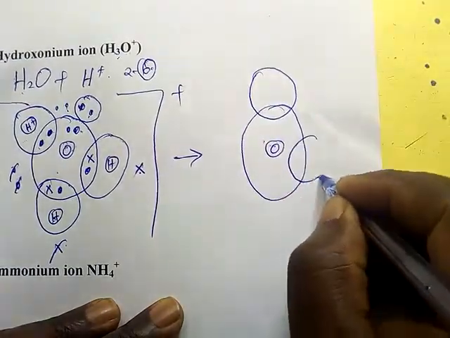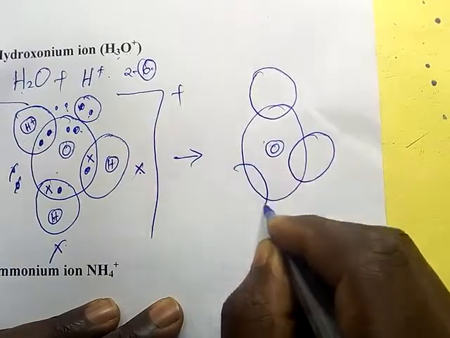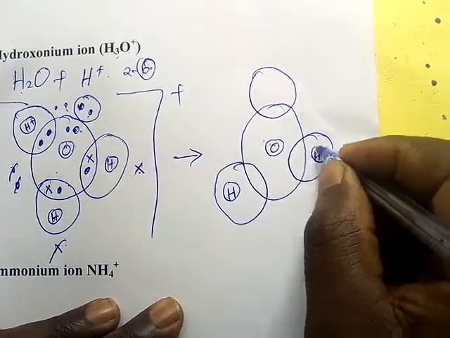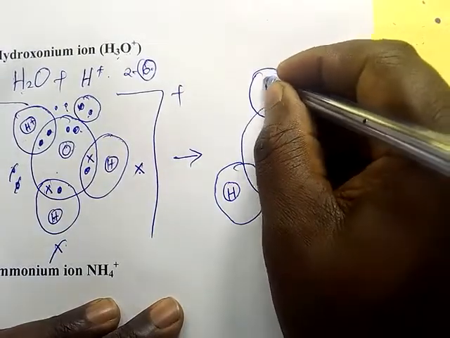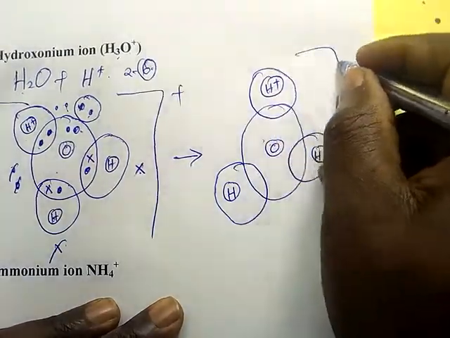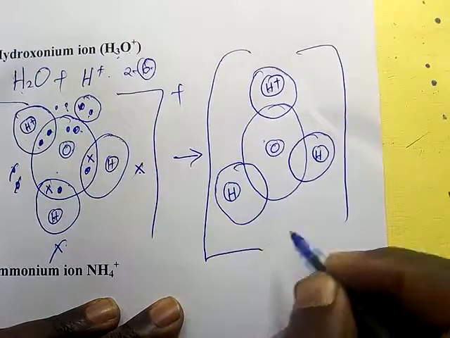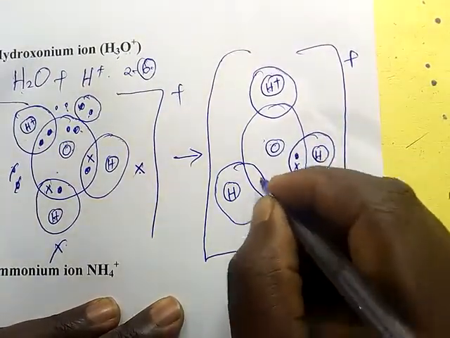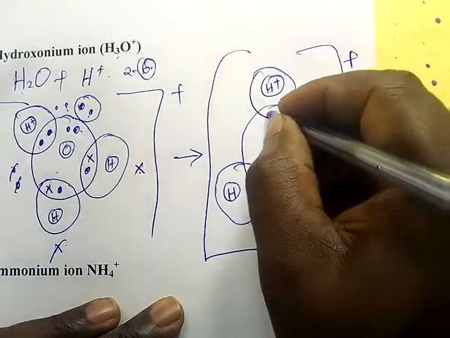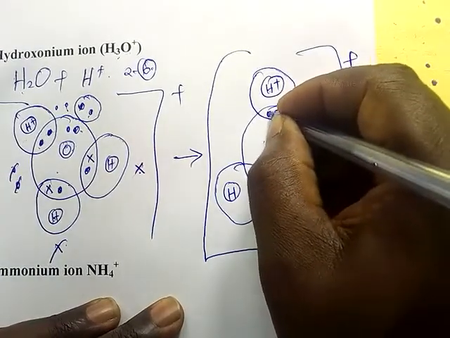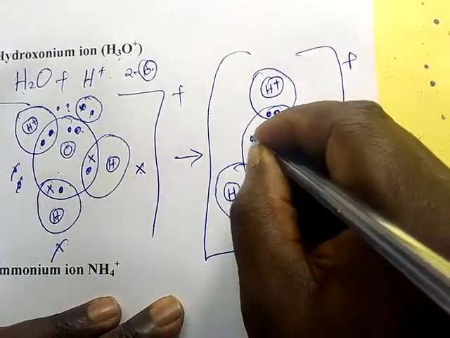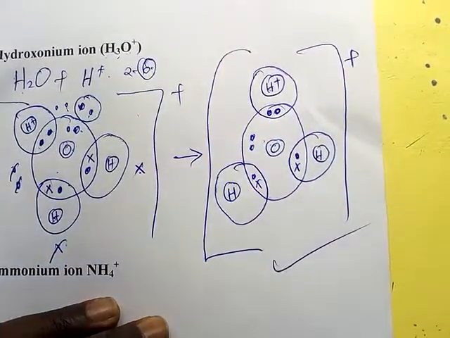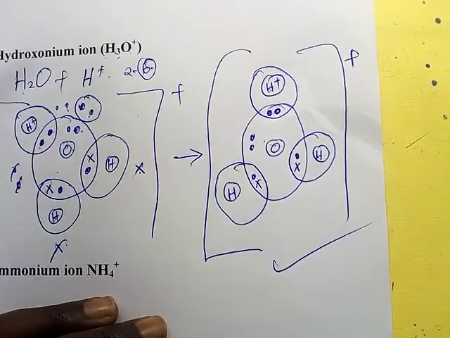We need clean work. There are 3 hydrogens, hydrogen, hydrogen, hydrogen, which is empty. Here you put a positive.